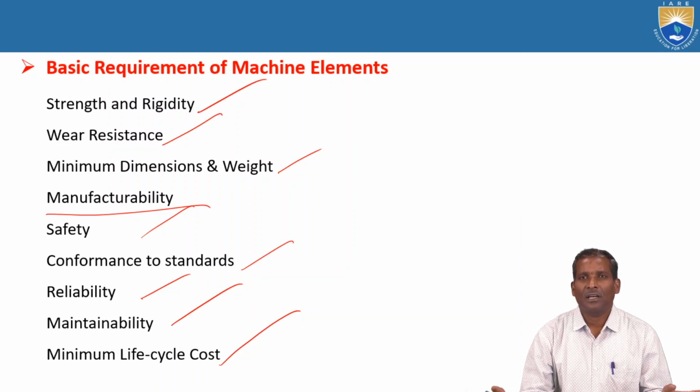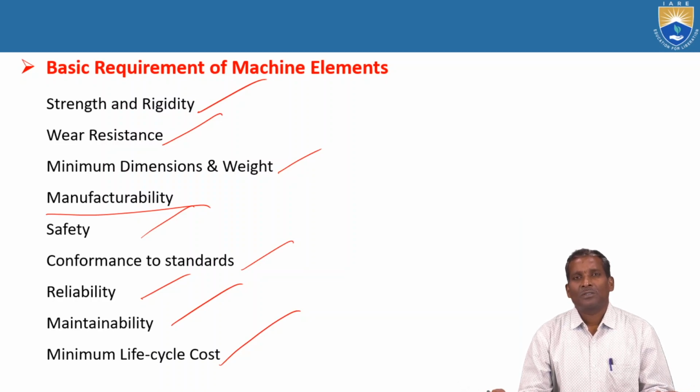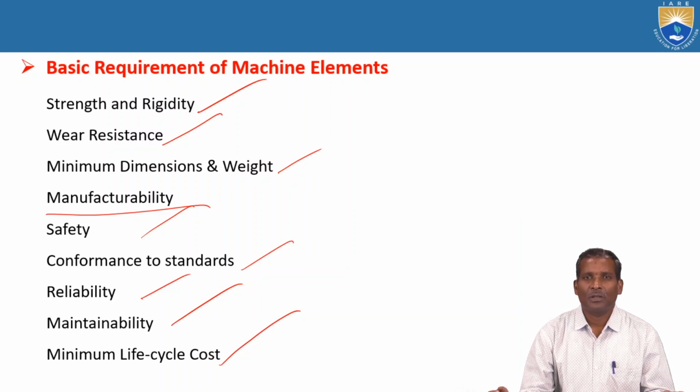So these are all requirements before going to design any product: strength and rigidity, wear resistance, minimum dimensions and weight, manufacturability, safety. All these points you should remember in your mind. Based on these requirements, suppose you have designed a product, then the component will definitely succeed in the market.